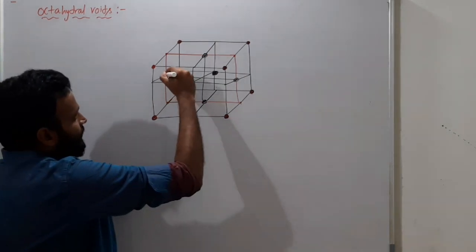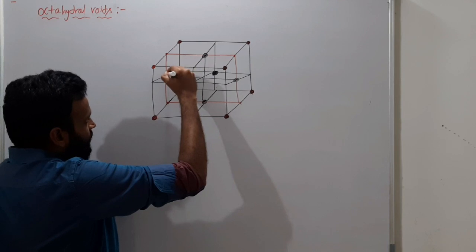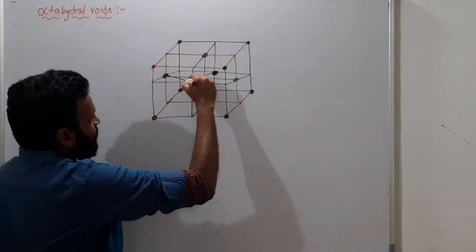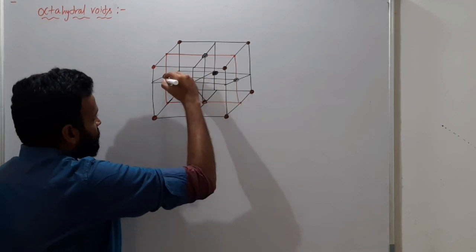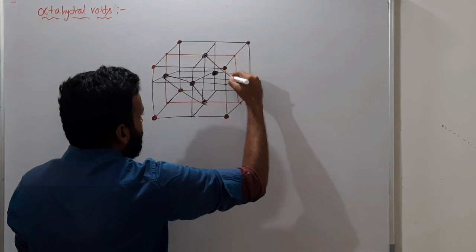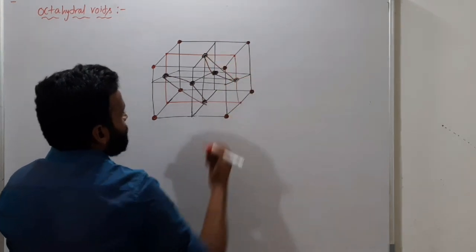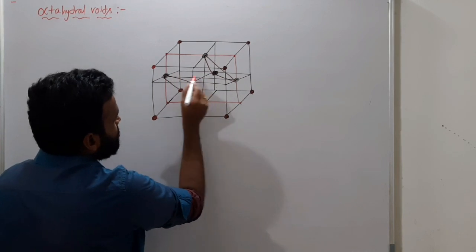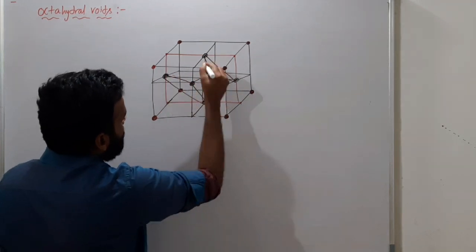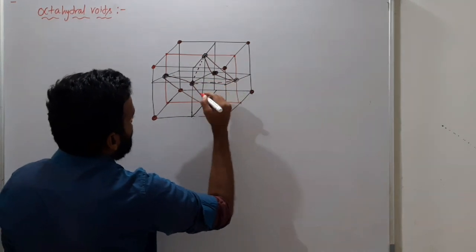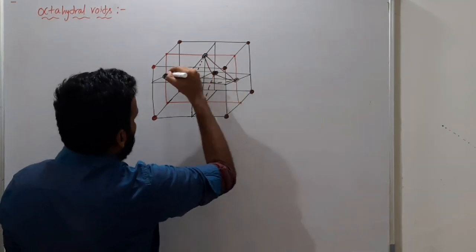Now I will draw a line like this. So how is the octahedral void forming? So the red color you have to observe. 1, 2, and 3. And now 1, 2, 3. Having like this. Now, cross means with this one, like this, and this, and like this.